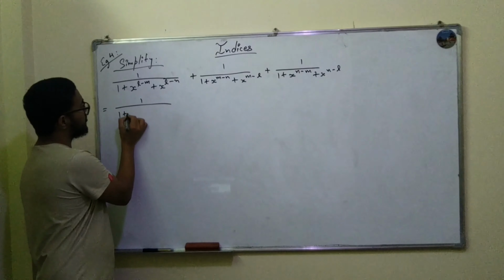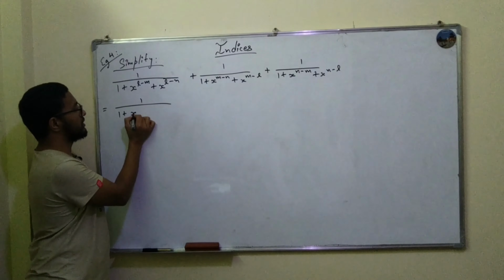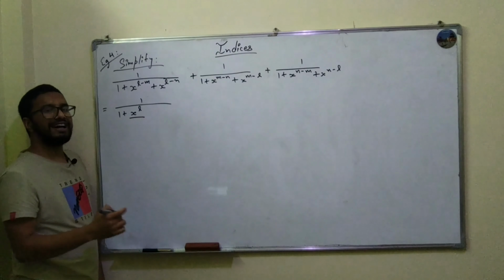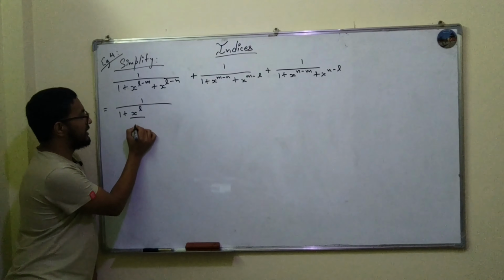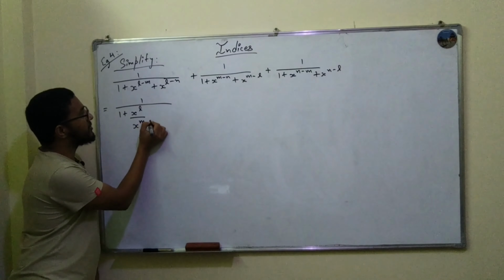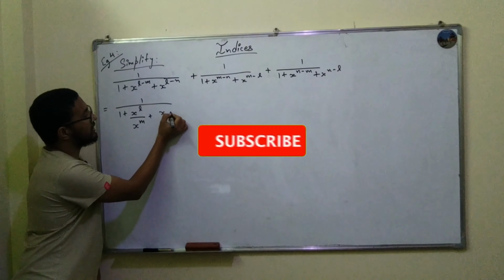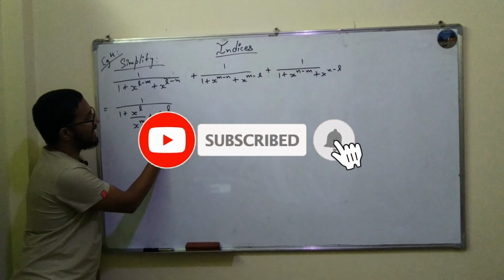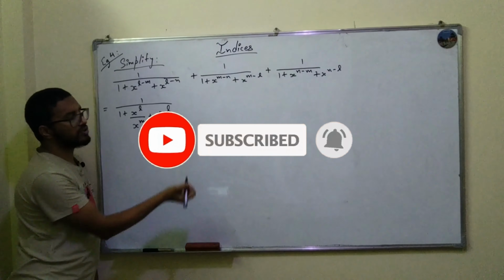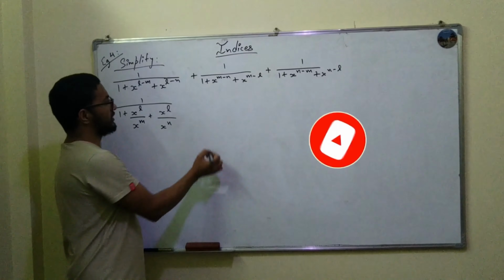So 1 upon 1 plus x to the power l, right? And then x to the power m plus x to the power l and then x to the power n, right?